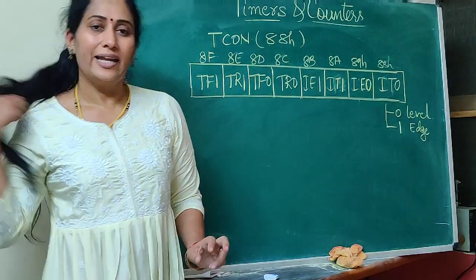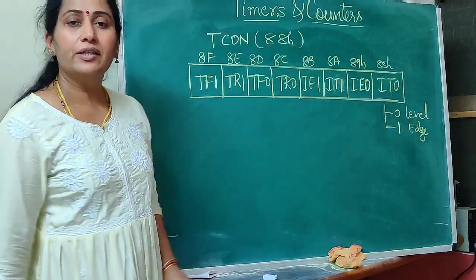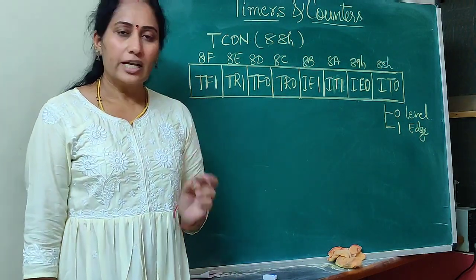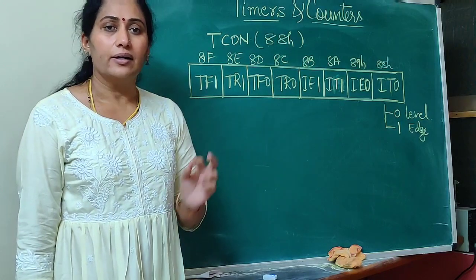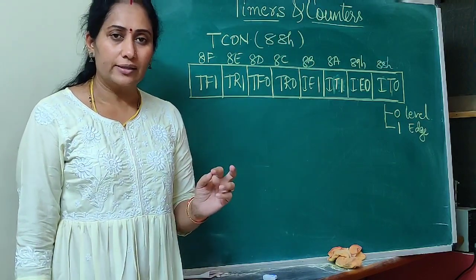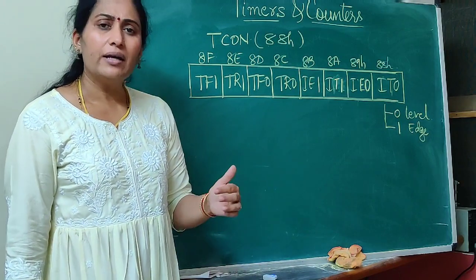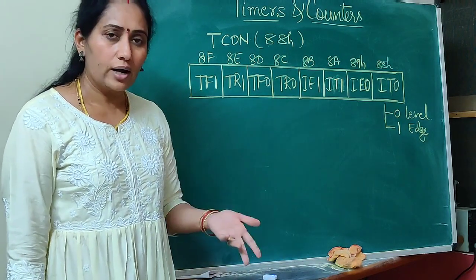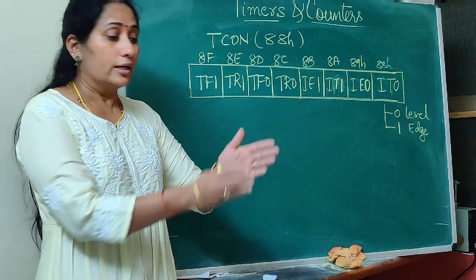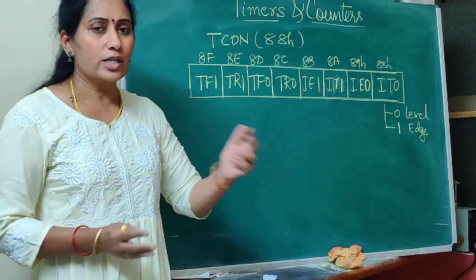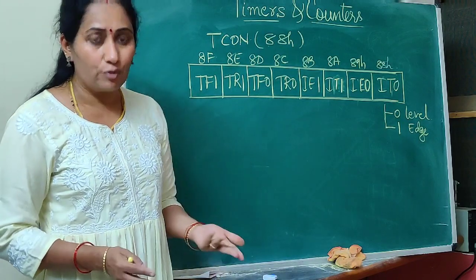We'll go for the next SFR which is connected with timers and counters. T0, T1, TMOD. All the three are required. Timer 0 16-bit register is required to load the count. Right. T1 is required to load the count. We are going to load the lower byte in TL and higher byte in TH corresponding to T0 or T1, whichever I want to use.